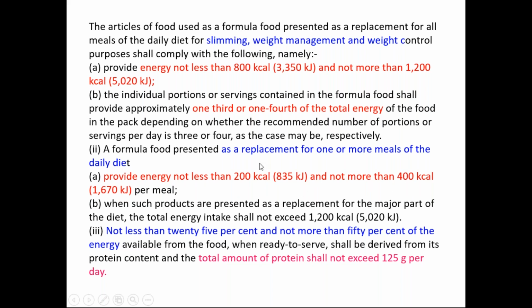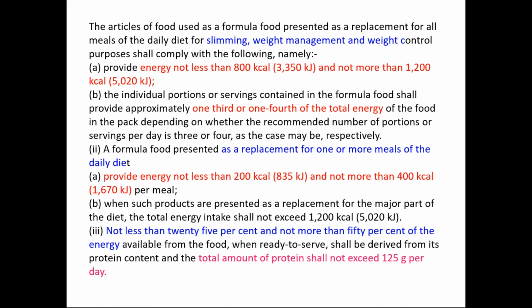When this food is given as a total replacement for the major part of the diet, the average intake should not exceed 1,200. So the average daily intake of calories for a healthy individual of about 60 kilograms is about 2,100 to 2,400 calories.